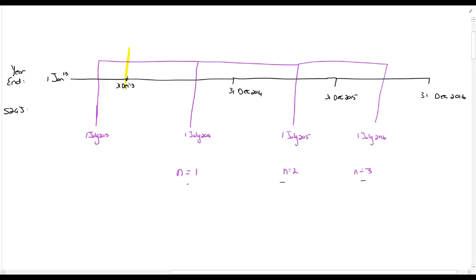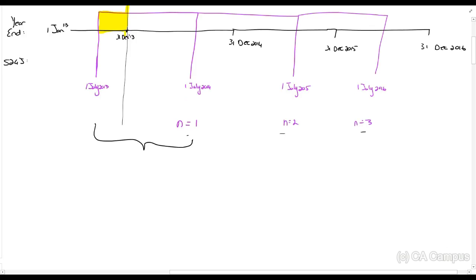So 2013, this is our 2013 year, this whole space here. But what of that falls within this tax year? Only this portion over here. Our interest on our calculator is going to be calculated for the accrual period from the 1st of July 2013 to 30 June 2014. But only a portion of it falls within our 2013 tax year.